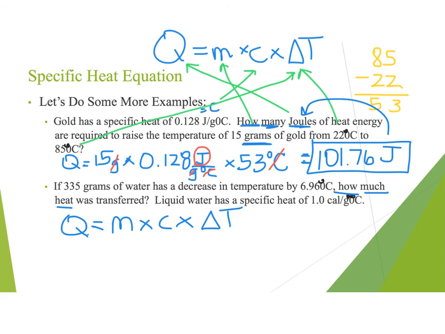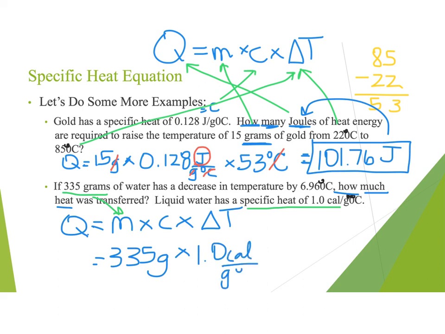Okay, so let's take a look at our variables and figure out what is what. So 335 grams of water. Remember, grams is mass, so we're going to use that for our mass. 335 grams. Okay. C is our specific heat. We're given that here. Specific heat of water is 1 calorie per gram degrees Celsius. And last but not least, our change in temperature.